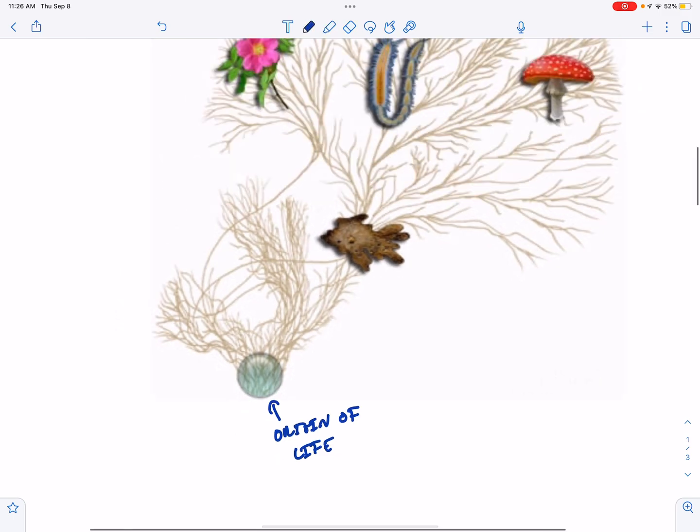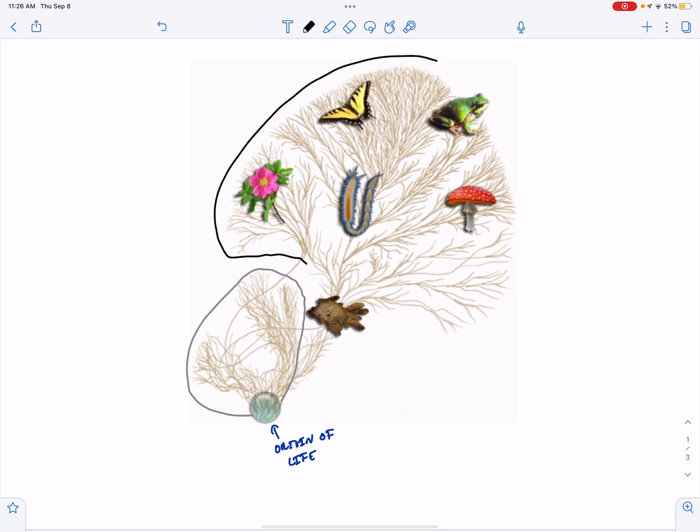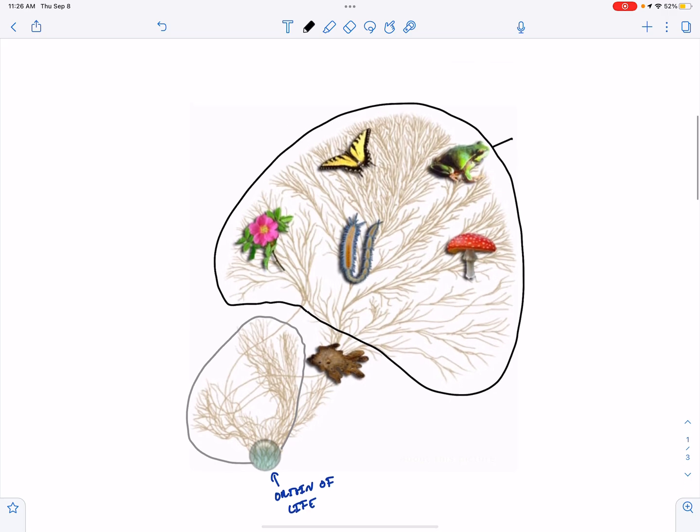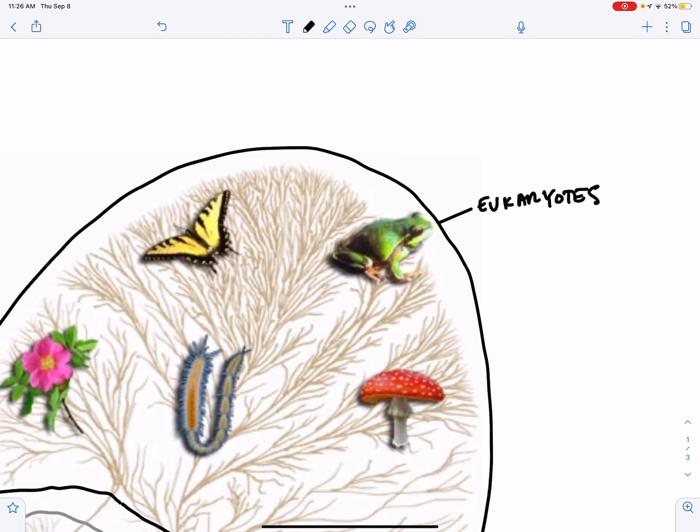Okay, so I want you to make a couple big circles here. Let's take a gray pen and encircle all of this. And then take a black pen and encircle all of this. And I want you to label the black eukaryotic or eukaryotes.